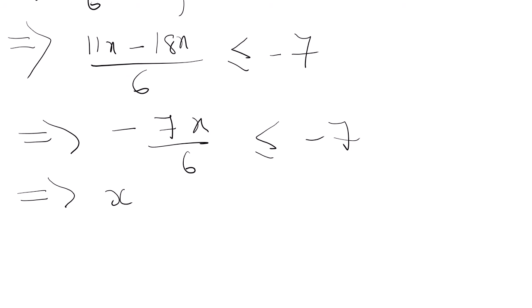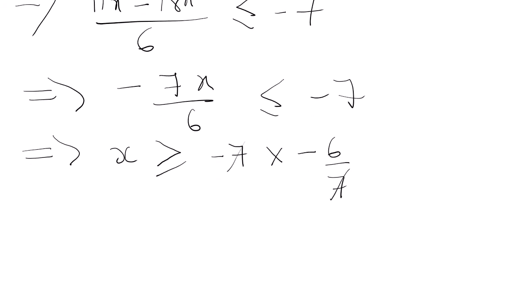So x, but since we are multiplying by a negative number, the inequality sign gets reversed. So less than or equal to becomes greater than or equal to, minus 7 is already there and you are multiplying by minus 6 upon 7. So 7 gets cancelled, minus into minus is plus, so x is greater than or equal to 6.